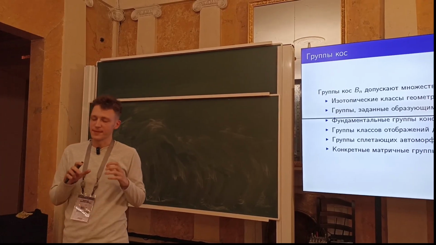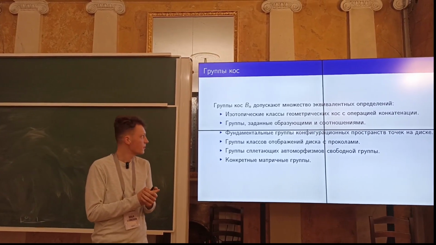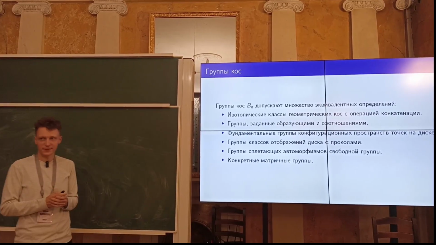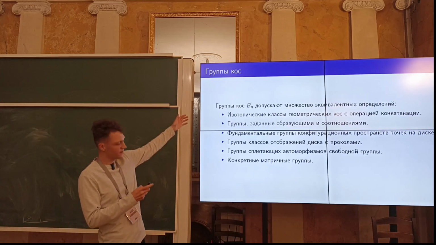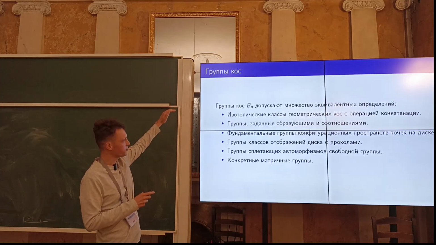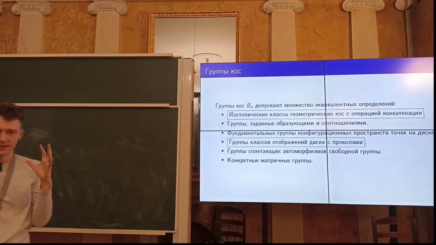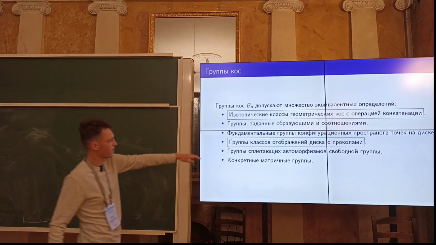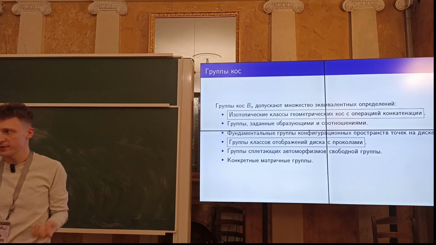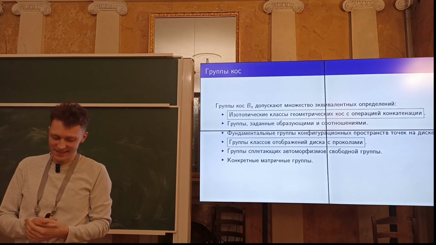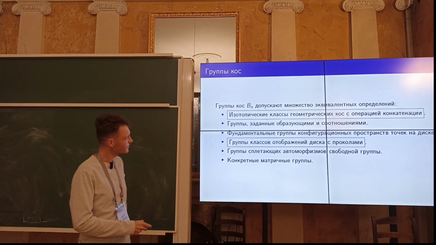Okay, the main object today is the braid groups, which have many different equivalent definitions. And today I'll be mainly focused on two of them: as isotopic classes of curves in the cylinder, and as the mapping class groups of a disk with punctures or marked points, as we've already discussed this topic a little bit today, mapping class groups, I mean.